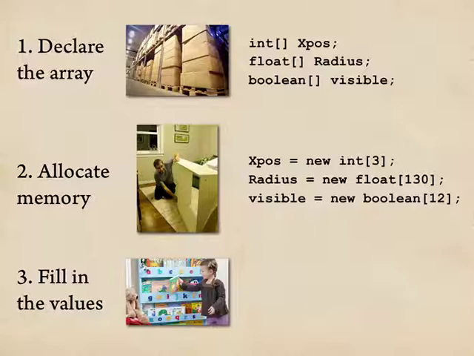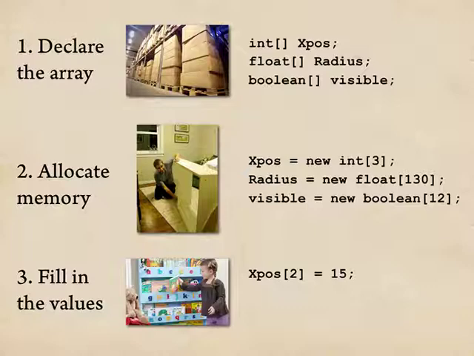So how do we tell the computer that, say, the third entry in xpos, our list of integers, should be 15? This is how we write it. We say xpos, open square bracket, 2, close square bracket, equals 15. That tells it entry number 2 in the array xpos has the value 15. How about radius? Well, radius has 130 entries.